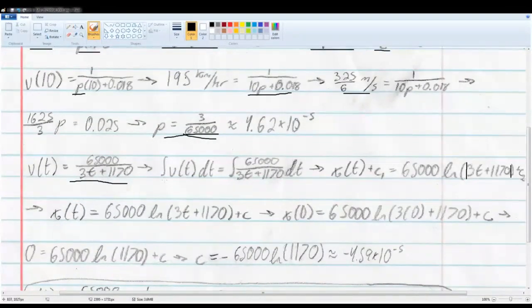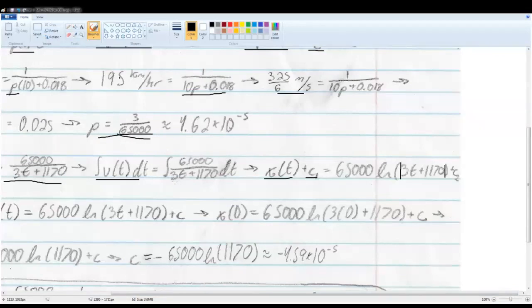And I integrated both sides again because we have velocity, but we're looking for position. So I integrate both sides with respect to time. And doing that, we get position plus a constant equals, and then here we have t on the bottom, and we have a constant, and basically another constant.